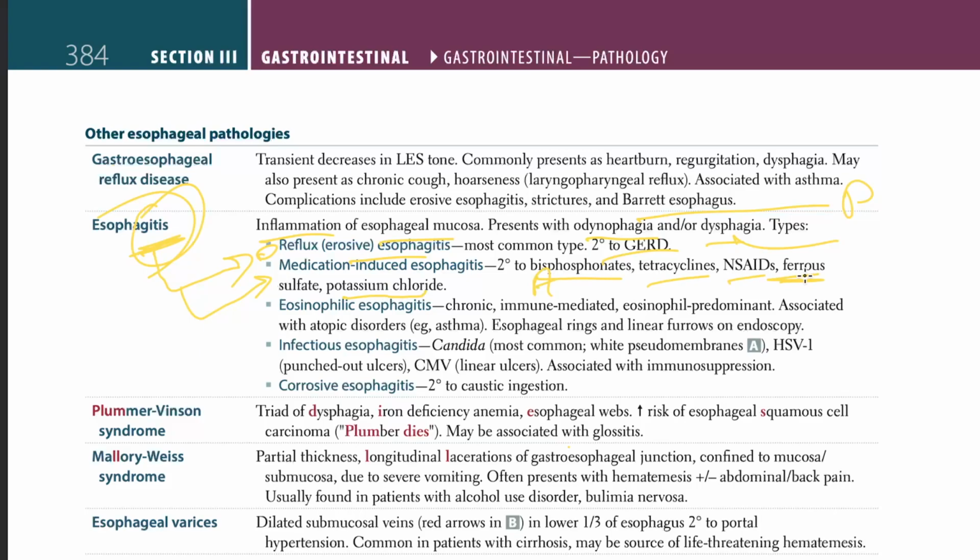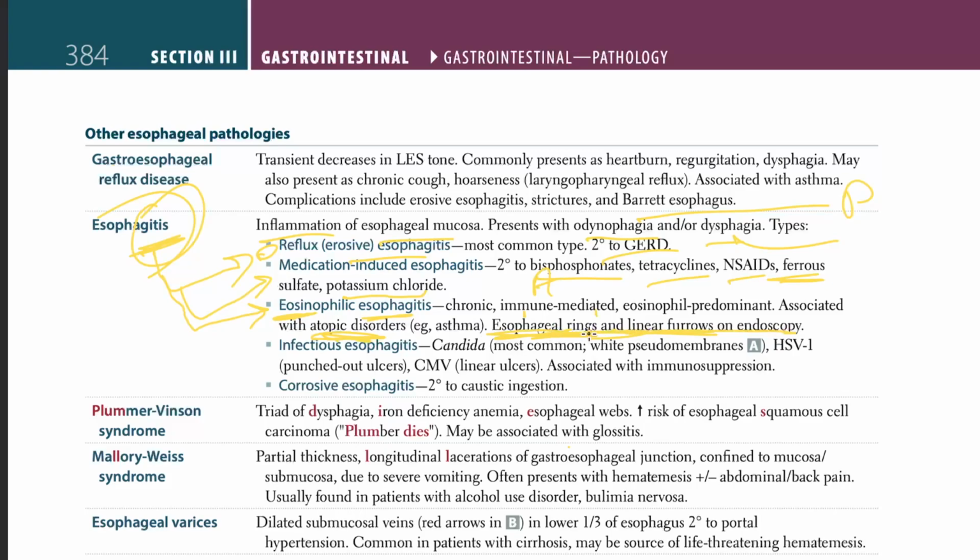Okay, esophagitis by eosinophilic esophagitis. Why eosinophils? Because it's an atopic disorder. It is a chronic immune-mediated, eosinophil predominant, associated with atopic diseases like asthma, esophageal rings and linear furrows on the endoscopy.